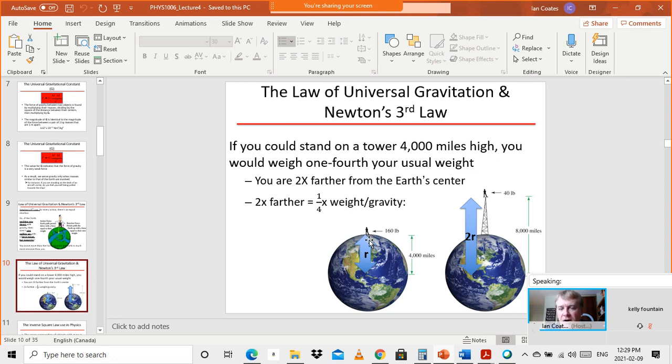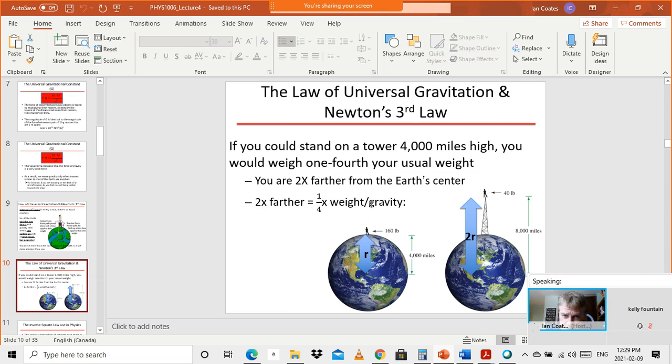How far away are we from the center of the Earth, which is the radius of the Earth? So we're one radius away from the center of the Earth, and I weigh 160 pounds. If you double that, so now this is 4,000 miles.